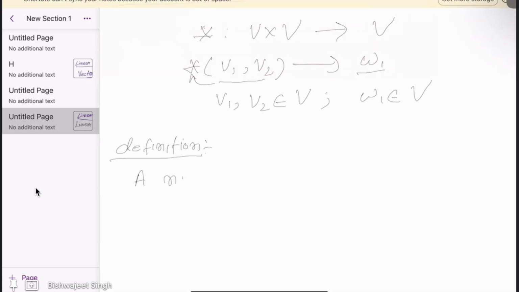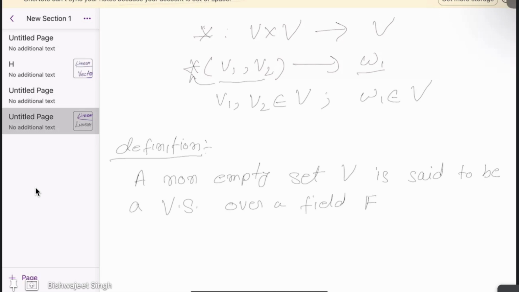A non-empty set is said to be a vector space over a field F. In this case we are going to take the field as R, because you are in 4th semester, so I don't know whether you have studied field theory or not, but nevertheless you can assume that the field is R, right?